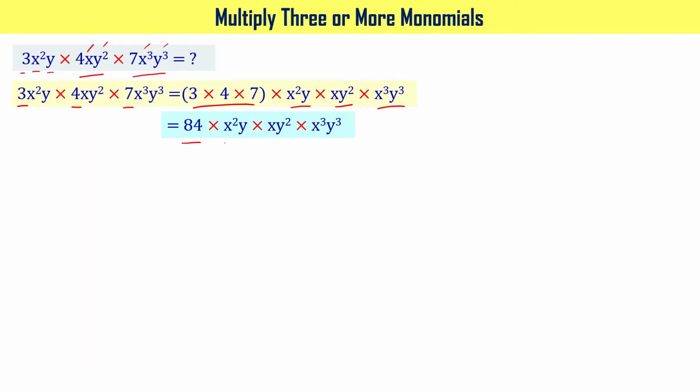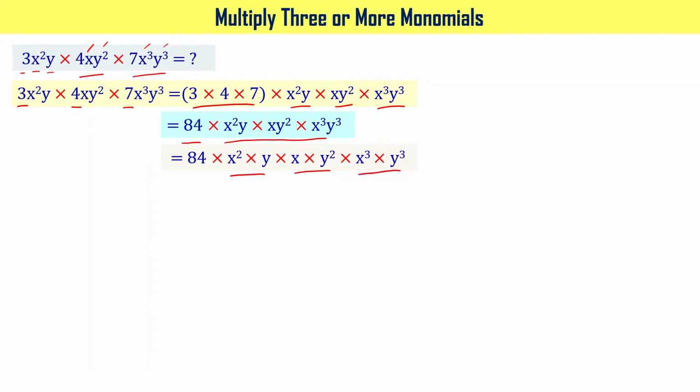So rest of the terms are as is. 84 times x square y times xy square times x cube y cube. Now x square y can be written as x square times y. Xy square can be written as x times y square. X cube y cube can be written as x cube times y cube.